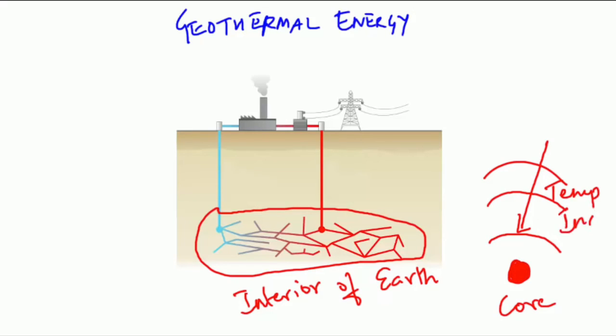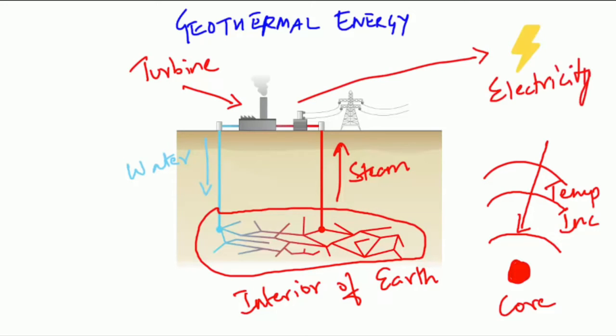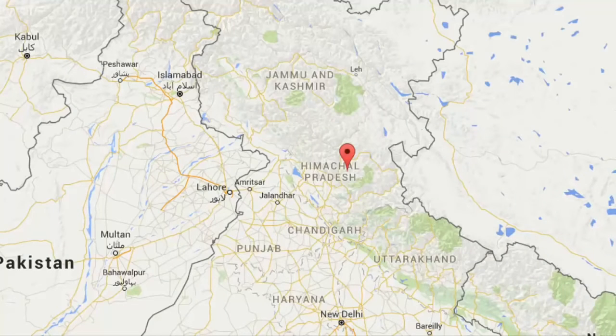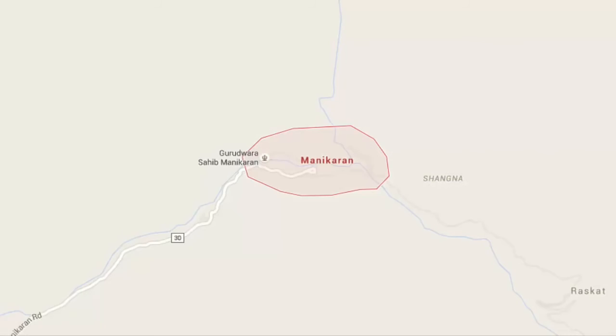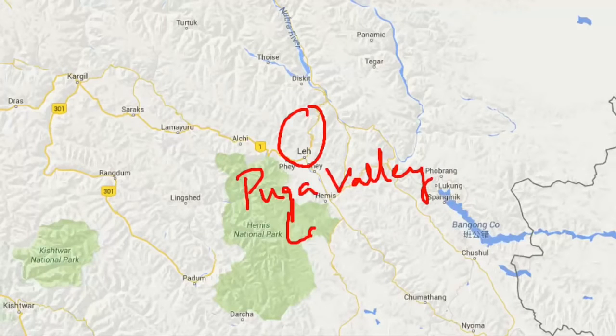It is this heat that is used with water to produce steam, and then the steam is used to drive turbines and generate electricity. Right now there are two places in India where geothermal energy is in practice, and those places are Manikan in Himachal Pradesh and Puga Valley in Ladakh.